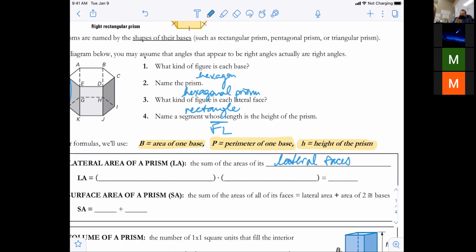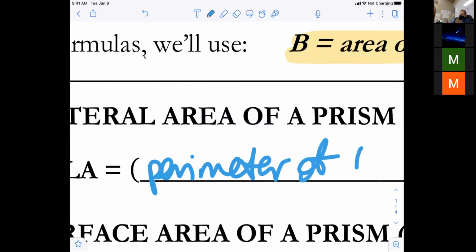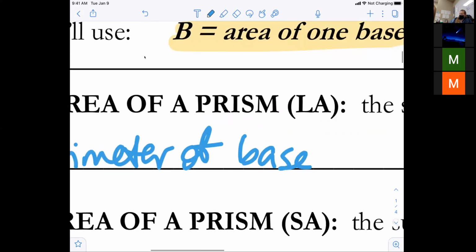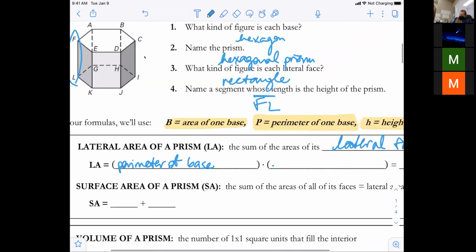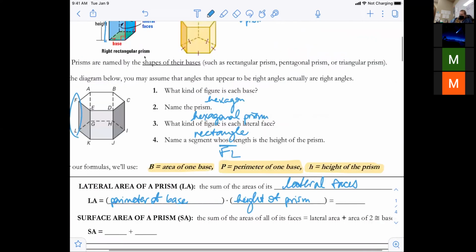To do that, we need to take the perimeter of the base and multiply it by the height of the prism. Using my abbreviations above, perimeter of the base is big P. Height of the prism is little h.